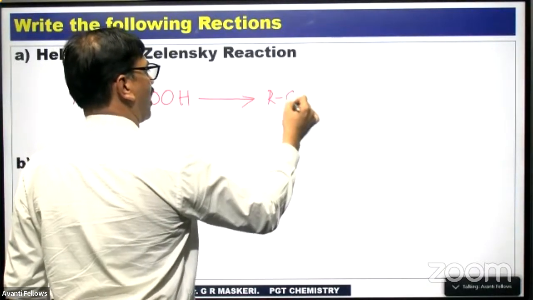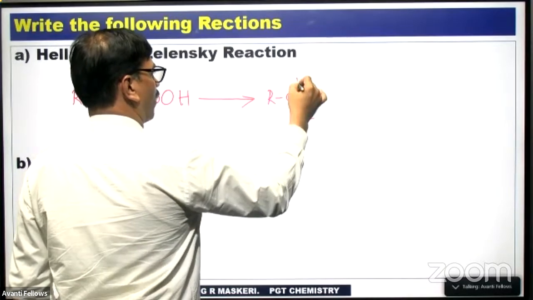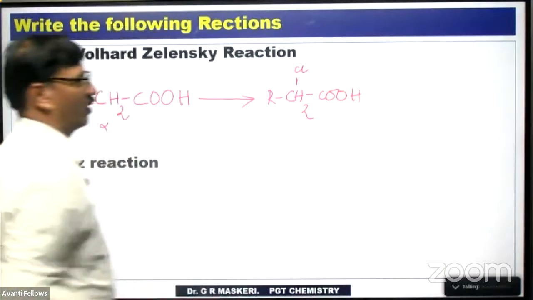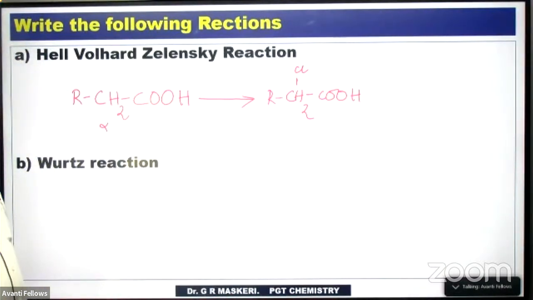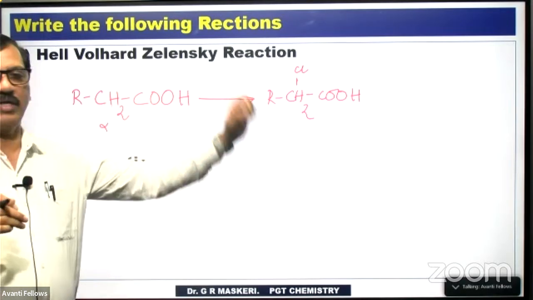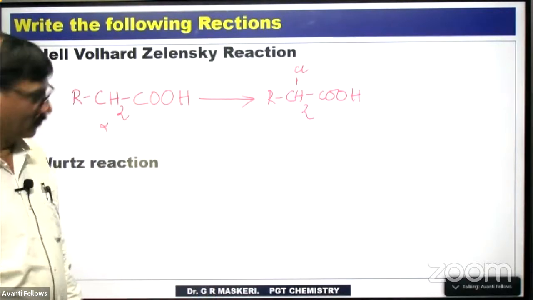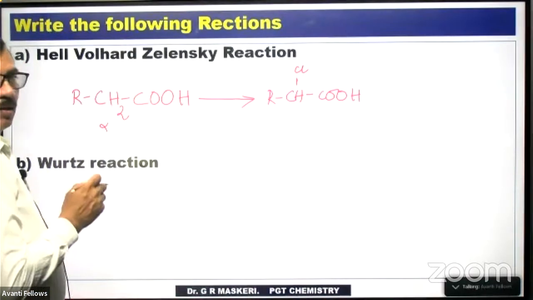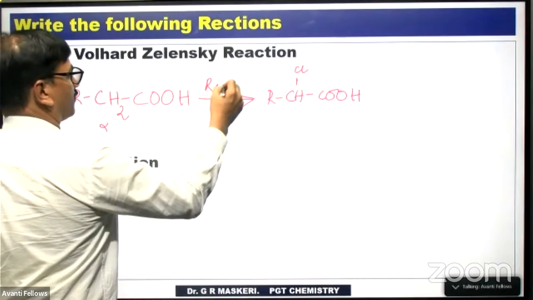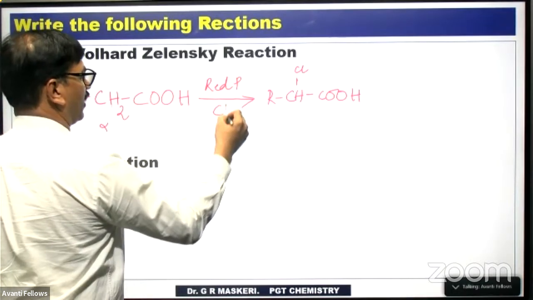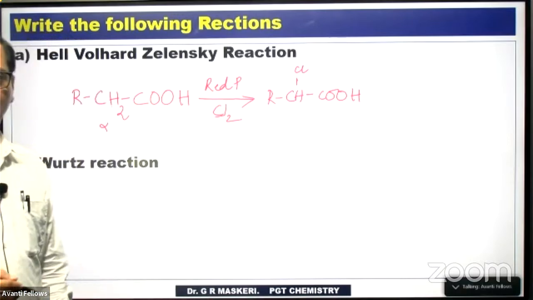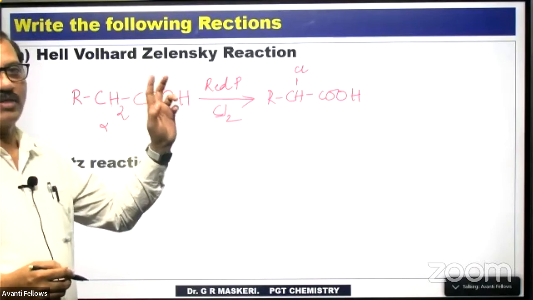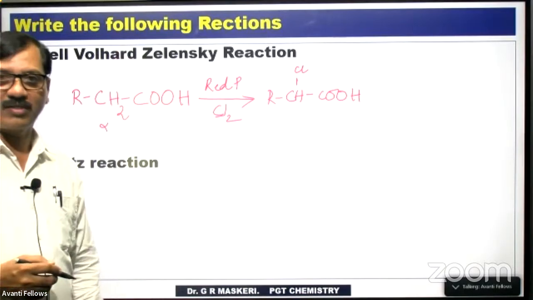So this is RCH2COOH, and the product is RCHClCOOH. This carbon is halogenated. This is not CH2, this is CH, right? Now this needs red phosphorus and Cl2. These are the two things that we have to add, red phosphorus and Cl2. So this is halogenated. This is called Hell-Volhard-Zelinsky reaction.